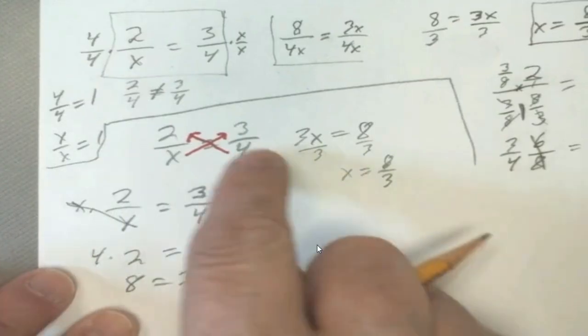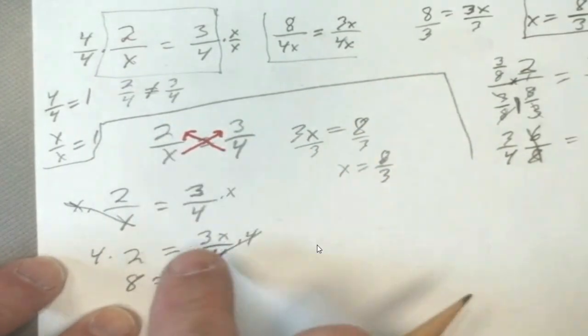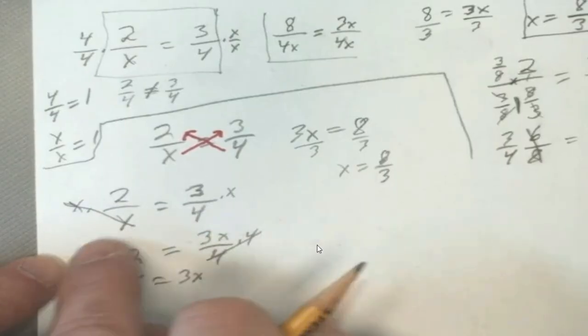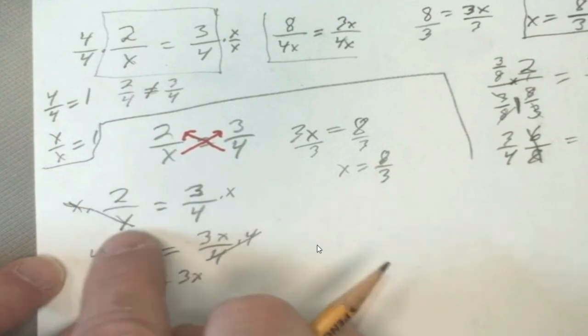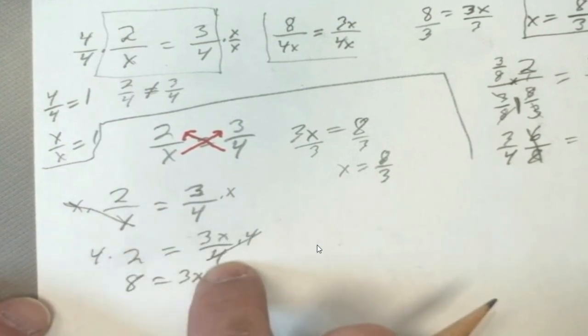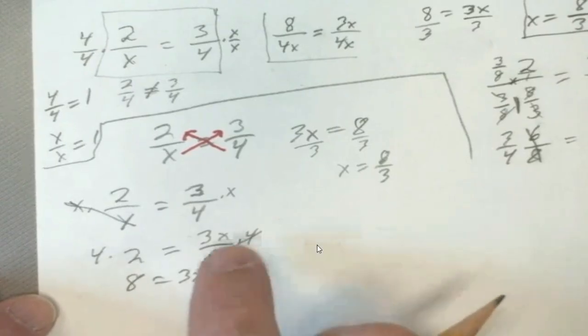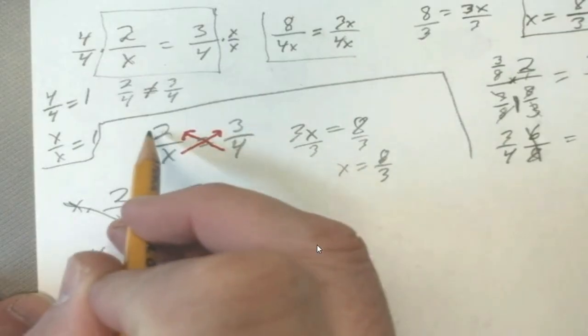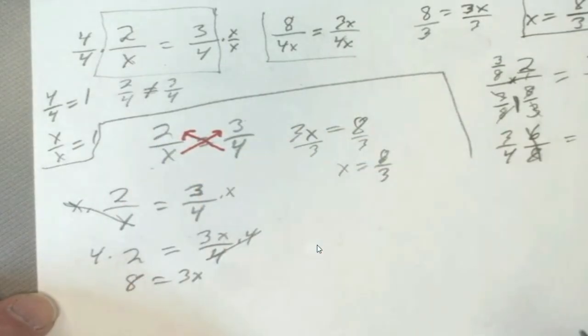That's what cross multiplying is doing. You're multiplying by the denominator on both sides, which cancels out on one side and not the other. Then you're multiplying by the other denominator, which cancels out on the other side and not the first side. So 4 times this side, X times that side.